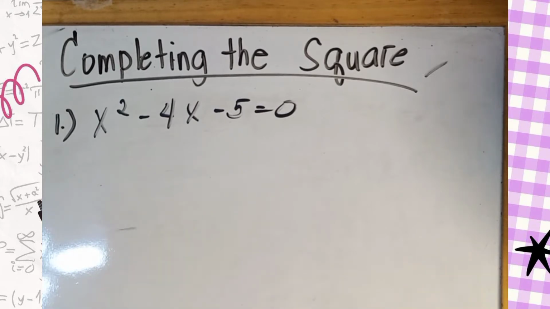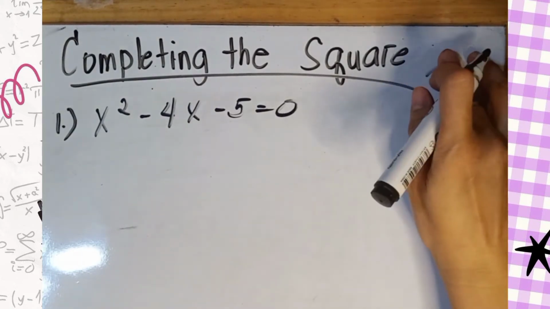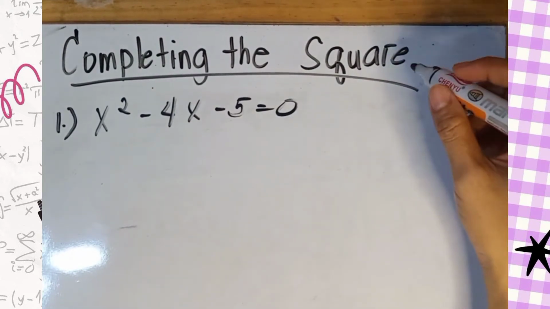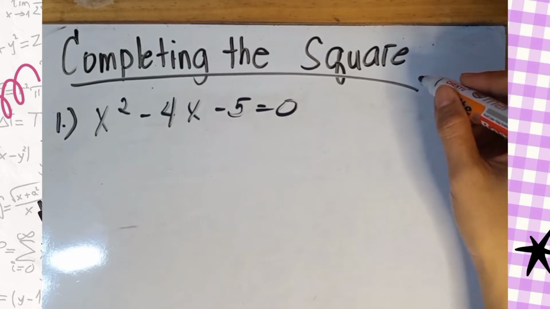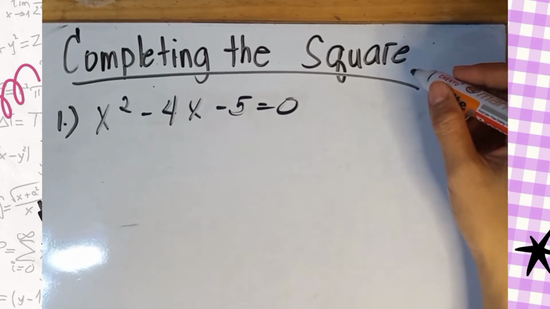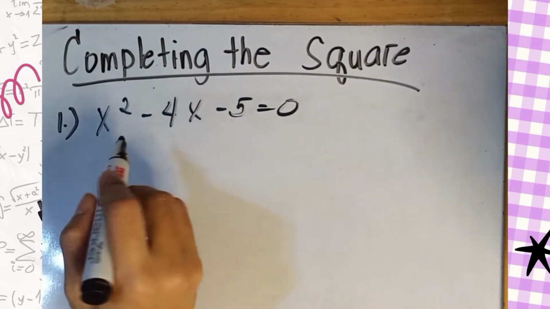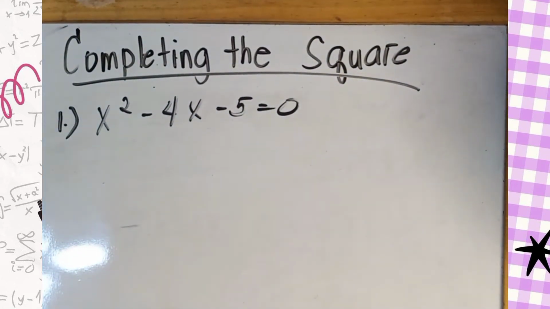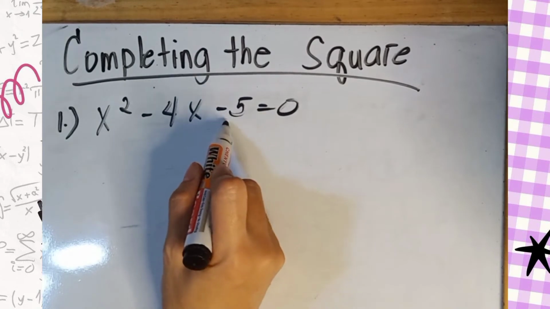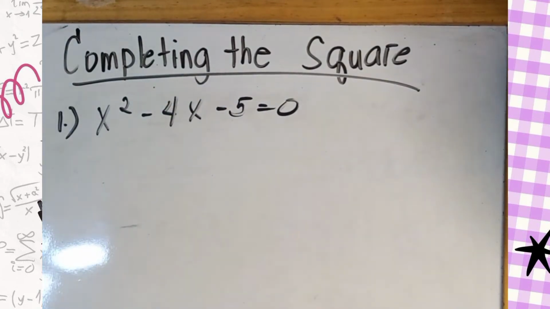We have here a given equation x squared minus 4x minus 5 is equal to 0. In this example, we are going to use the technique of completing the square to find the value of x. So, yung first step natin is to separate the x term dun sa constant. In our given example, negative 5 is our constant.